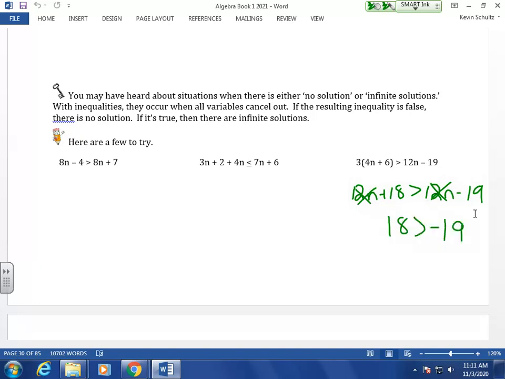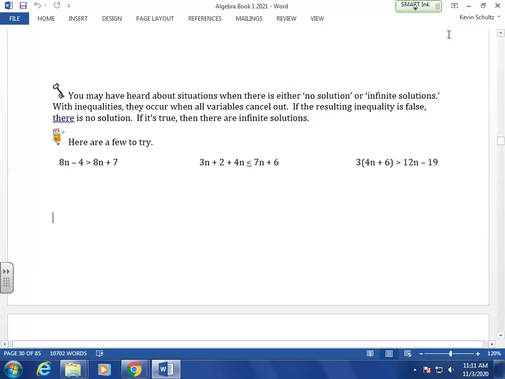Where you may have gone wrong is if you forgot to bring down that negative sign and saw 18 is greater than 19, which isn't true. However, 18 is greater than negative 19, which is what you should have. Therefore, it's infinite solutions, or all solutions, or the double-stemmed R, whatever you want to see there. Questions on that one? All right, we are cruising.